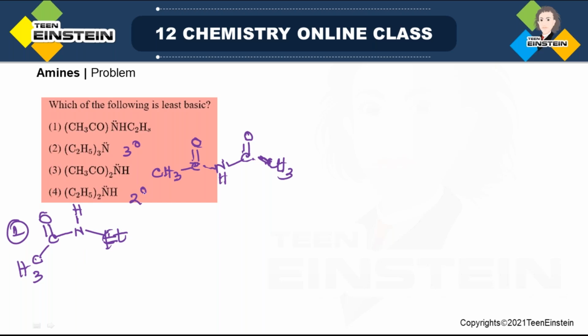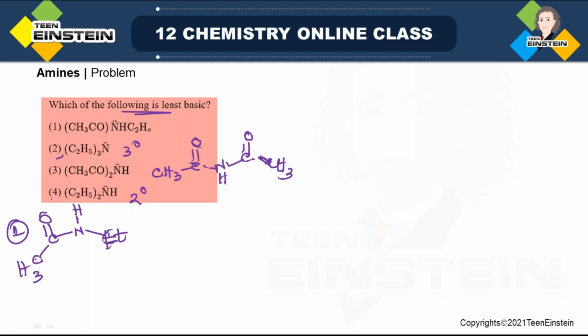Now, least basic means the lone pair availability over nitrogen will be least. It is also not mentioned whether it is solvation effect or gaseous effect, and that is also not required. Simply consider the lone pair availability. Obviously, compared to an amide, in case of an amine it is high.